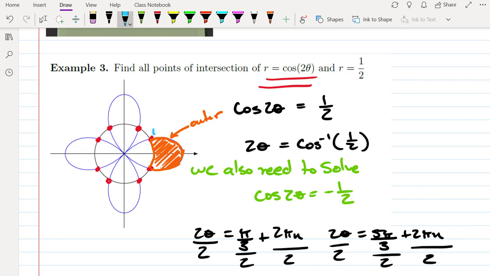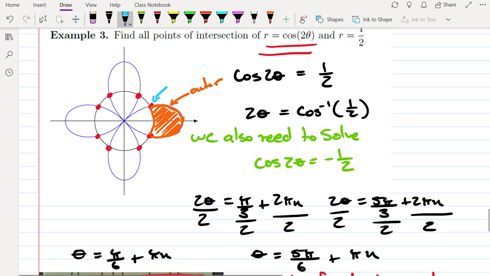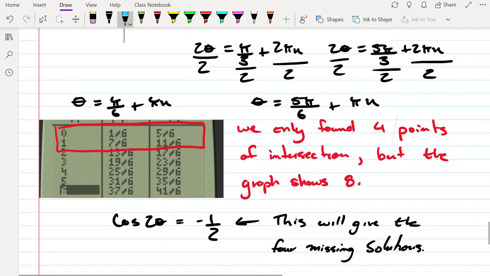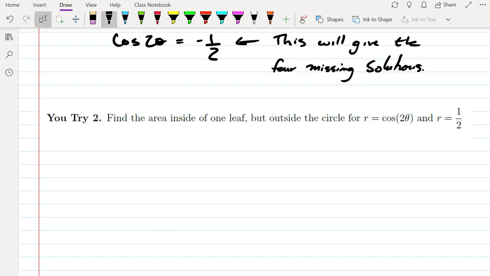We know from what we found right here that this one is pi over 6, and by symmetry, this one's going to have to be negative pi over 6. Or even by symmetry, we can just double that same region. So let's start off with the integral from negative pi over 6 of 1/2 times r squared.